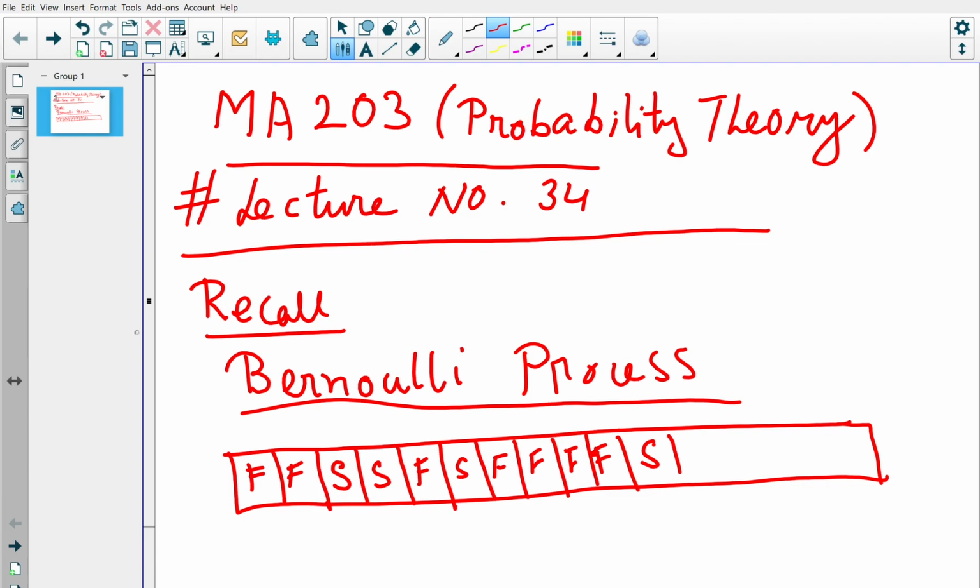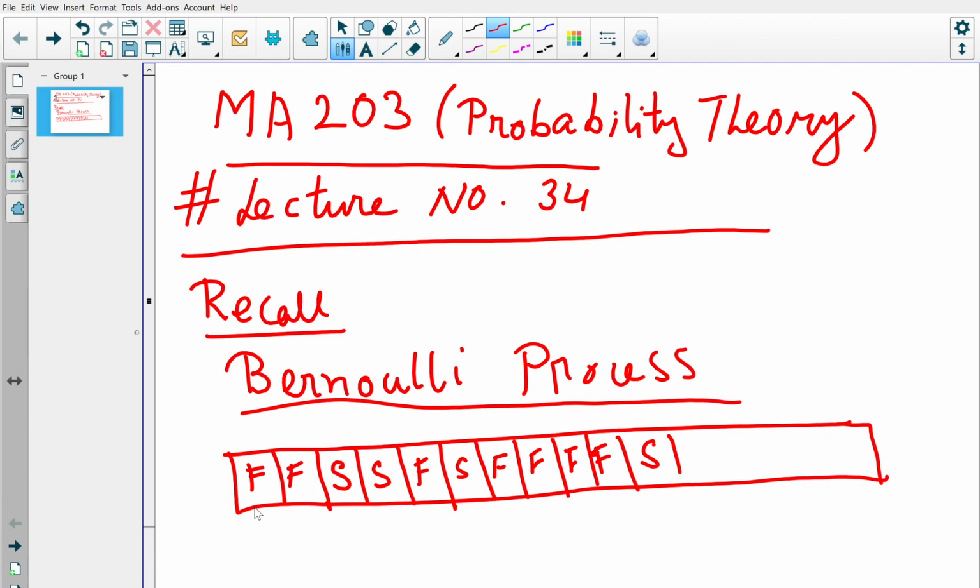Whatever time slot you have is an arrival, it does not have any effect on the previous or the later one.